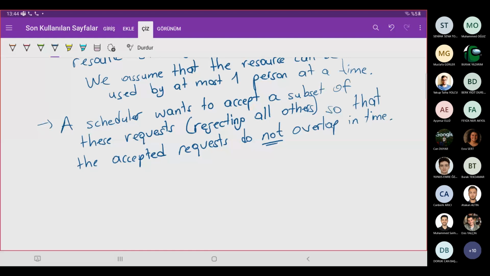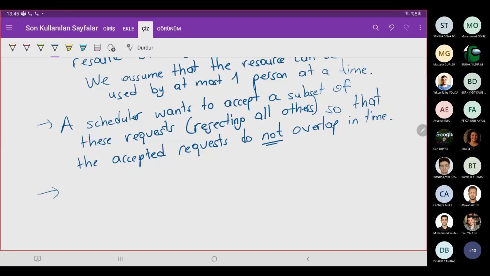For example, I want to have a lecture between 10 and 12, and somebody wants to have a lecture between 11 and 13. Of course, you can pick only one of them because otherwise they would overlap. You have to reject one of them. The question is which one? And there are all these different types of requests with different availability times.